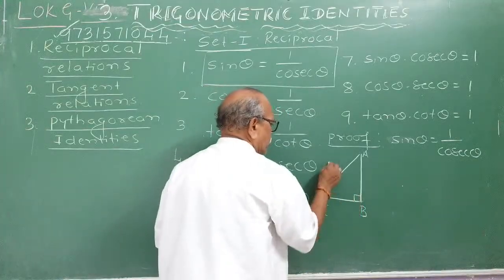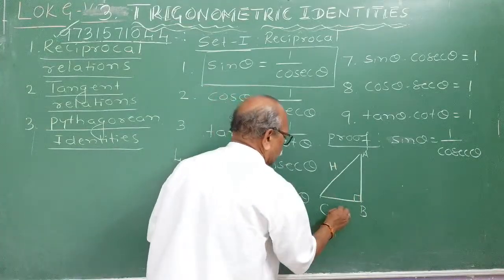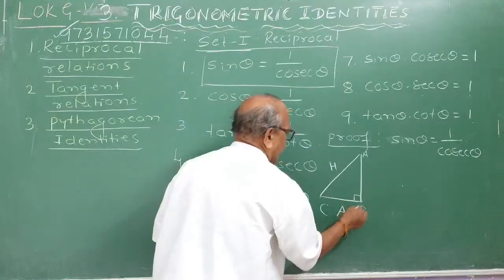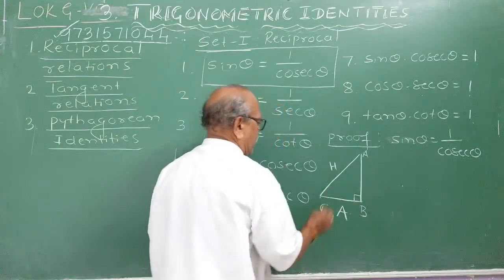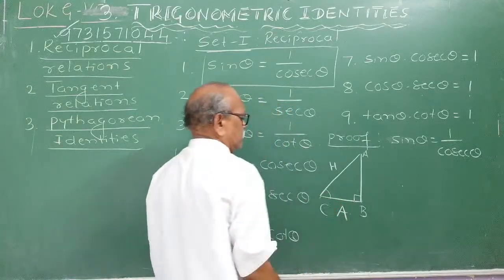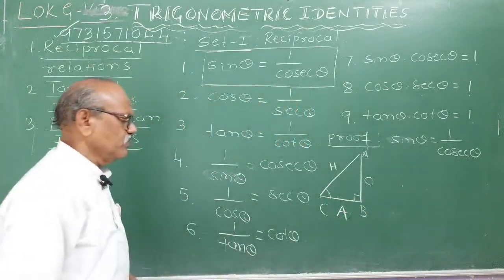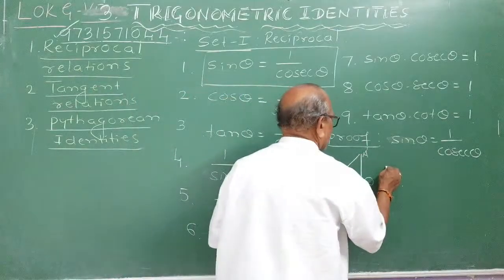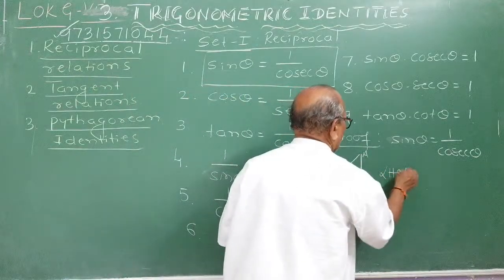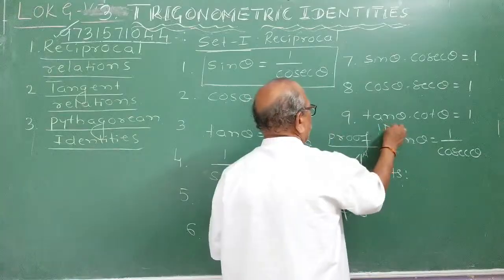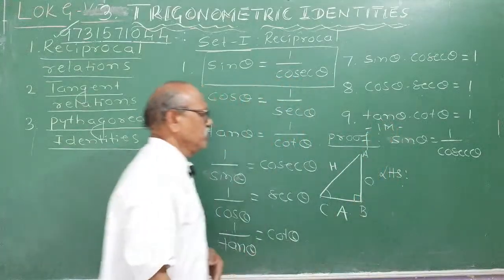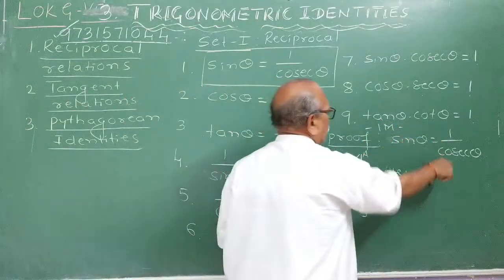The side opposite to 90 degrees is the hypotenuse. Suppose I take C as the reference angle, then this side becomes opposite. Now you can write LHS. Suppose you are asked to prove, for a 1 mark or 2 mark theory question, that sin theta is equal to 1 upon cosec theta.